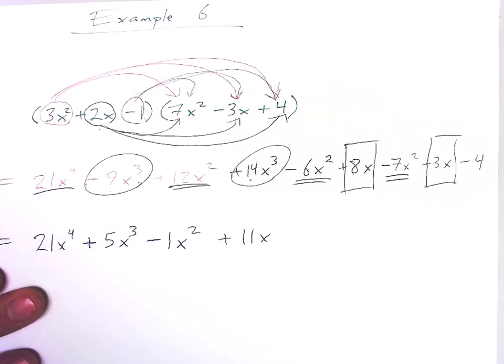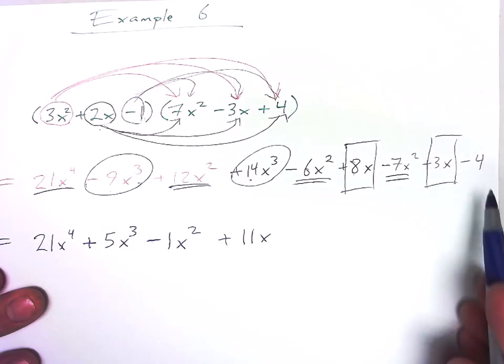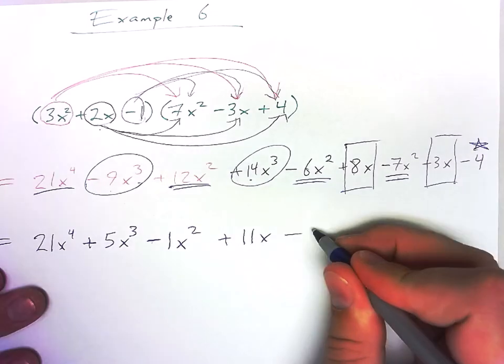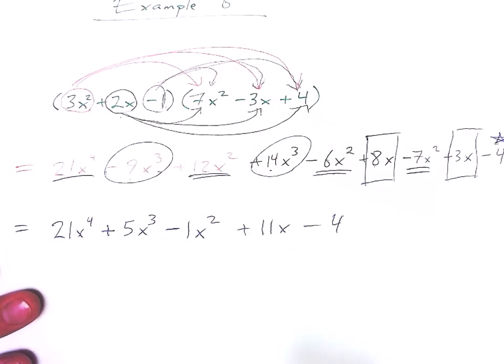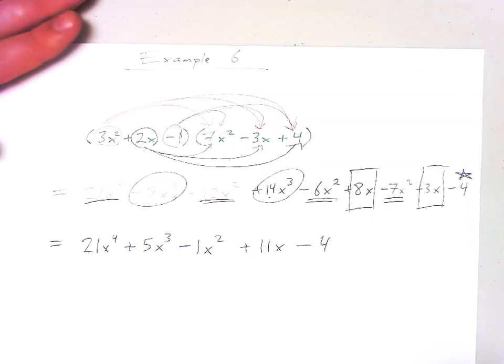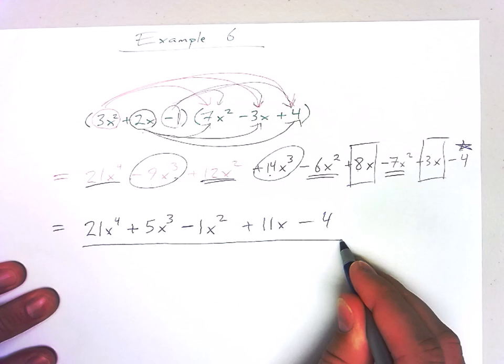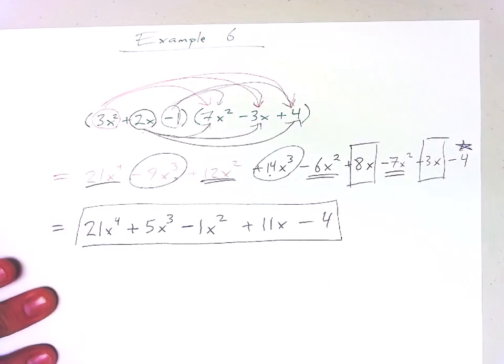That's 8x plus 3x, which makes 11x. And then the only thing left is right here, the negative 4, minus 4. So all together, we've got 21x to the fourth plus 5x cubed minus x squared plus 11x minus 4.